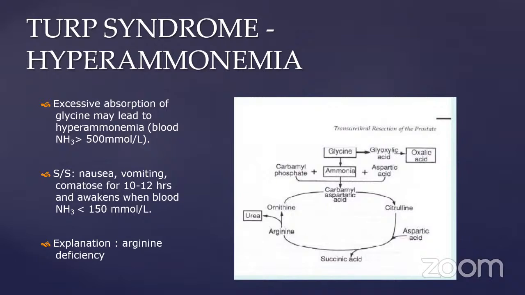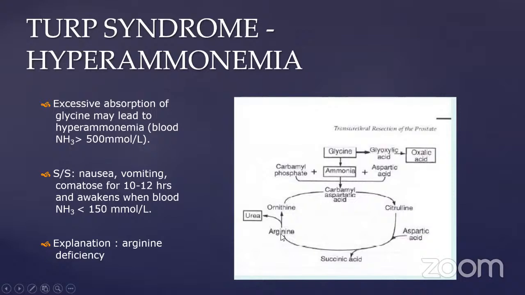This is the cycle. Glycine is metabolized by the liver into ammonia and glyoxylic acid, and glyoxylic acid forms oxalic acid. This ammonia combines with carbamoyl phosphate and aspartic acid, and forms citrulline.